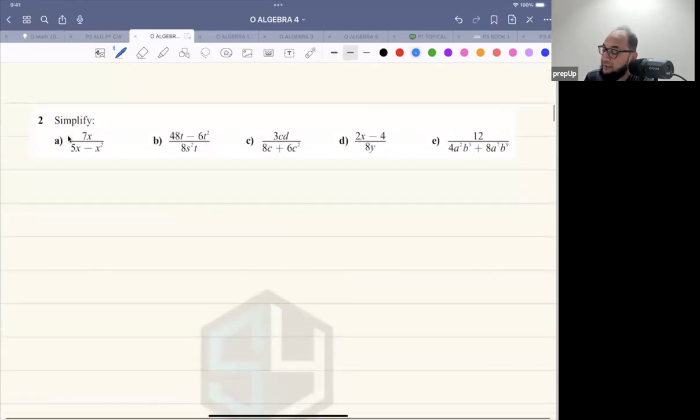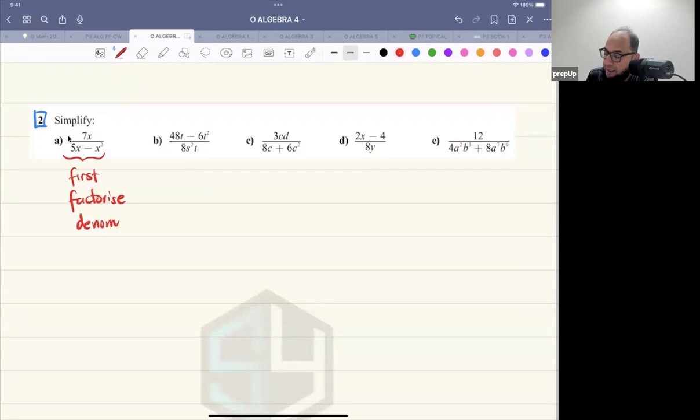Something like this. This time, simplify. So first factorize the denominator. Part A, this is 7x divided by 5x minus x square. So this is x, 5 minus x.